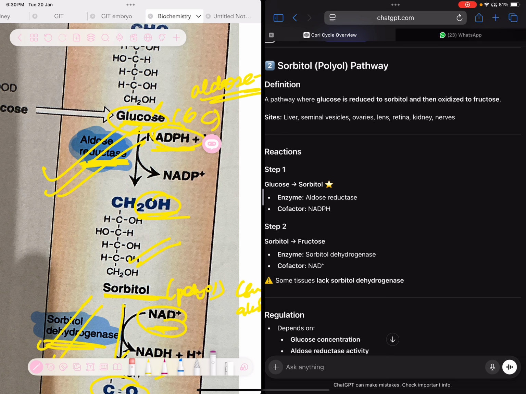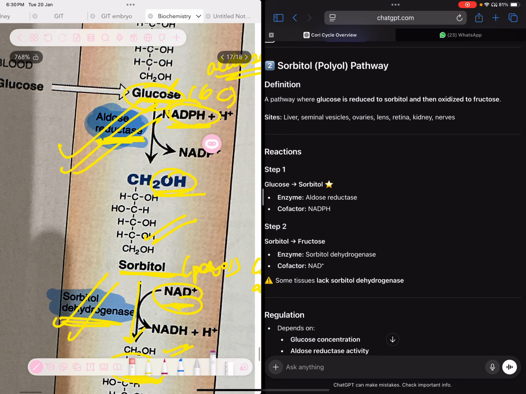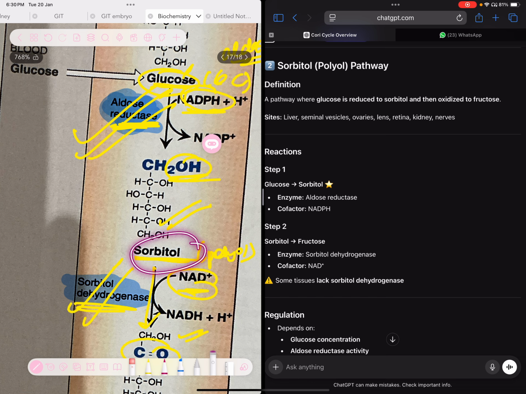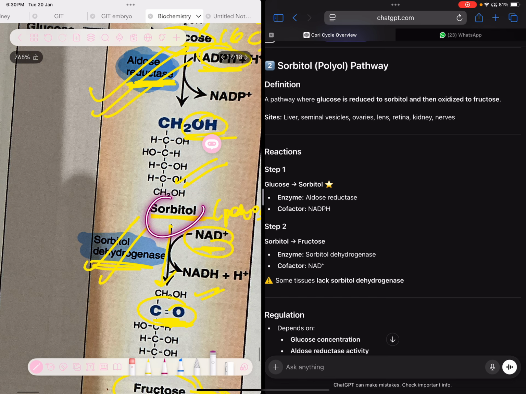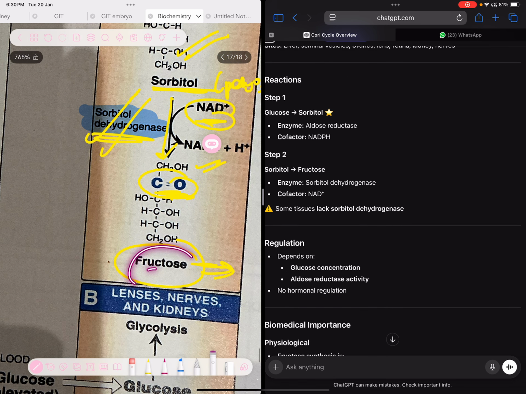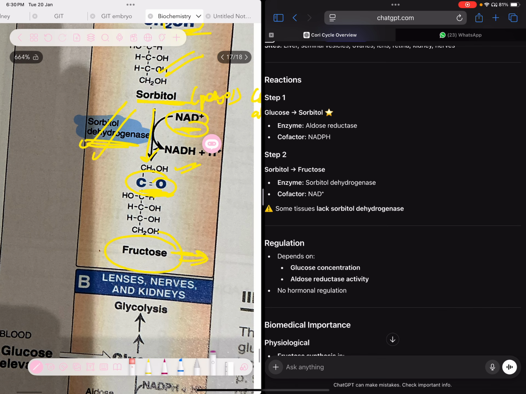So you reduce the aldehyde and you produce an additional hydroxyl group. So this sorbitol production will help it get converted to fructose, and fructose is easily capable of leaving your cells, right?